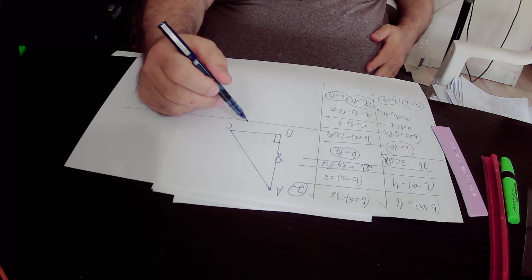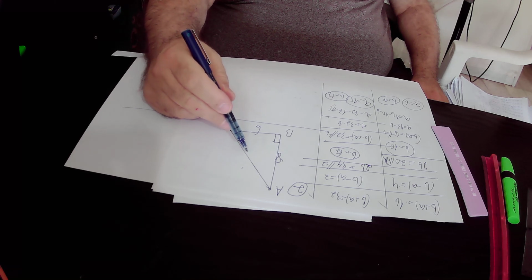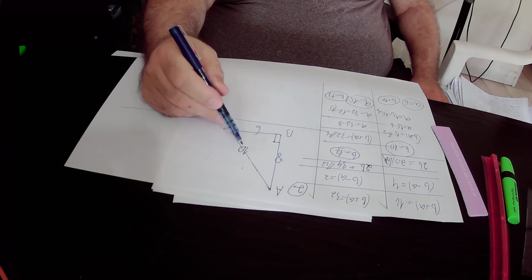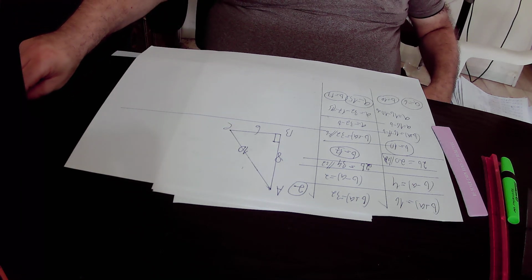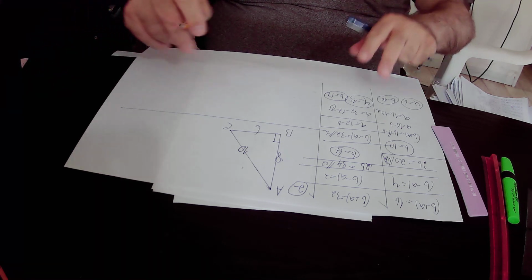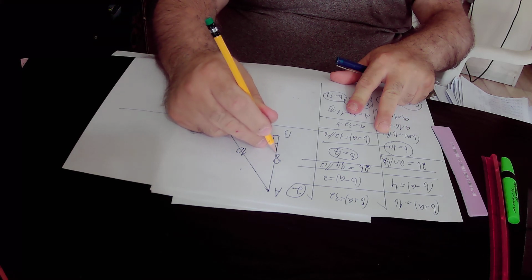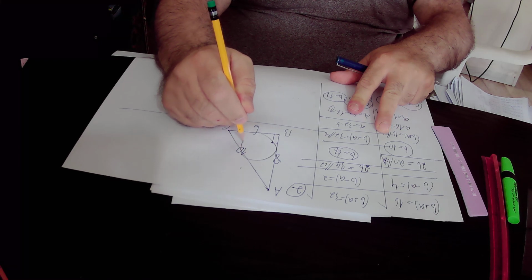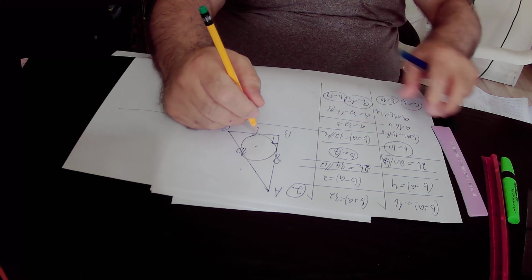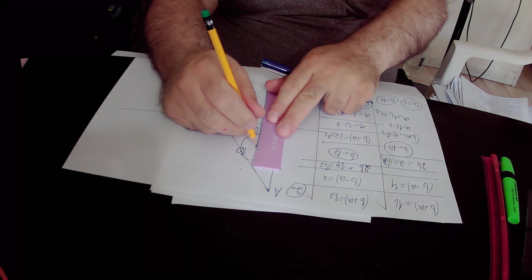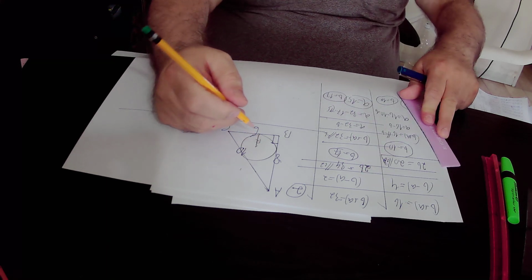We just found out that BC equals 6 units and the hypotenuse AC equals 10 units. In this right triangle ABC, we have a circle that is inscribed in this right triangle, and we are looking for the radius of this circle inscribed in triangle ABC. So we define the radius of this circle as capital R. Now we have to find out the value of capital R.